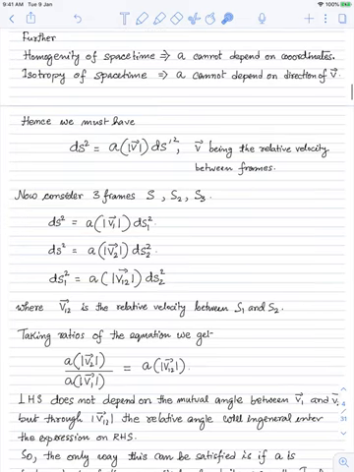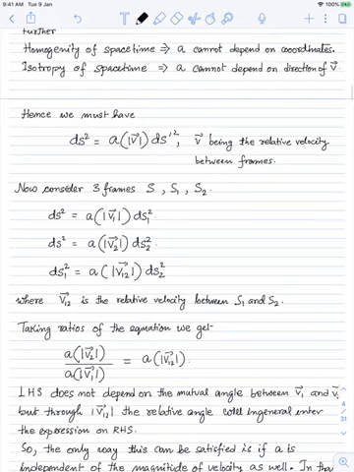In order to do that, now consider three frames, S, S1 and S2. So the relative velocity between S and S1 is V1, and the relative velocity between S and S2 is V2.